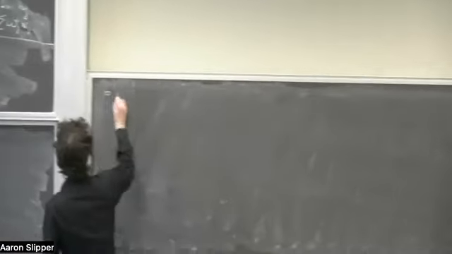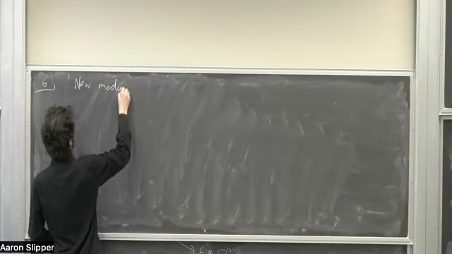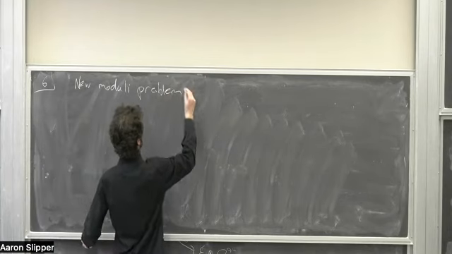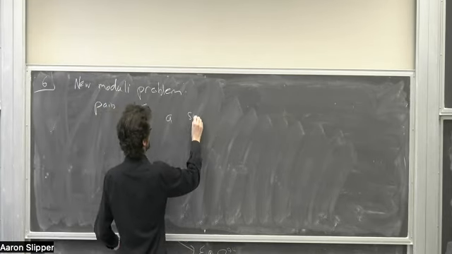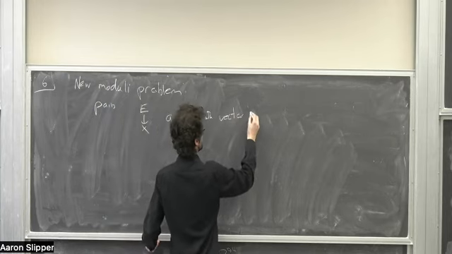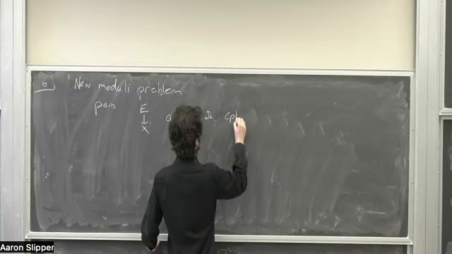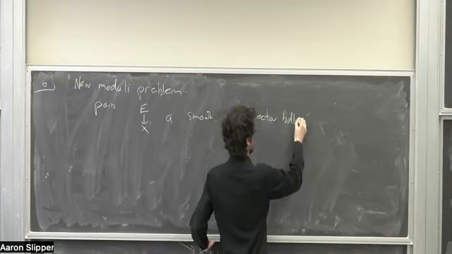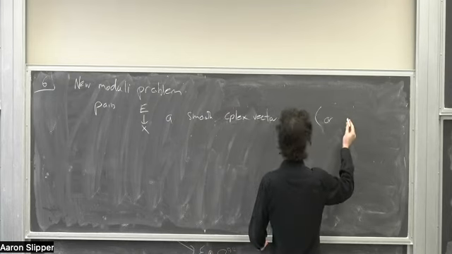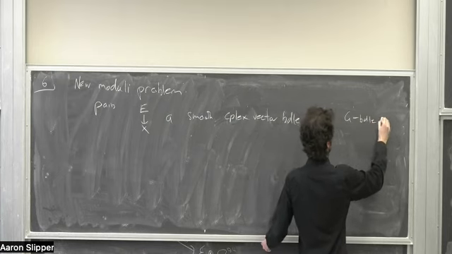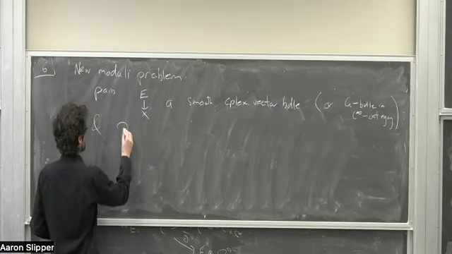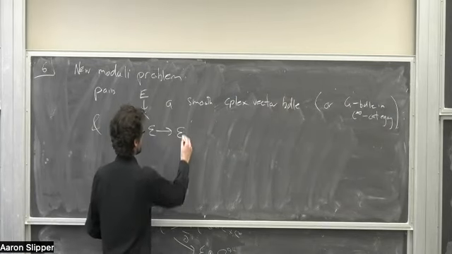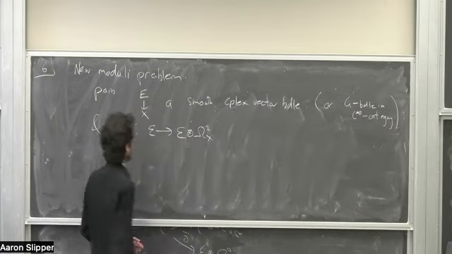So the new moduli problem is you want pairs of E to X, a smooth complex vector bundle, or equivalently a G-bundle in the C infinity category, and del bar from E to E tensor Omega^{0,1}_X, a holomorphic operator.